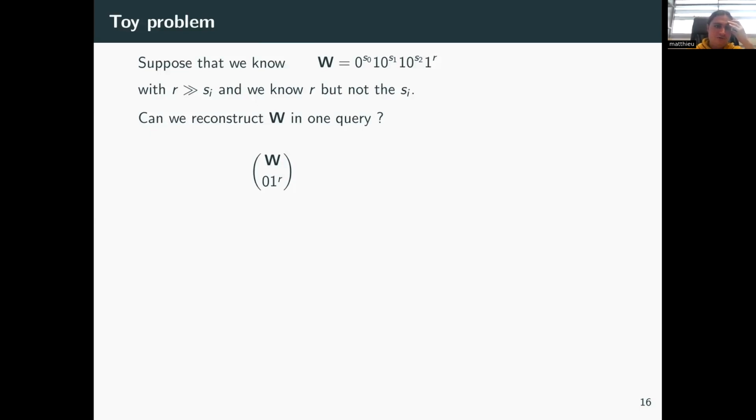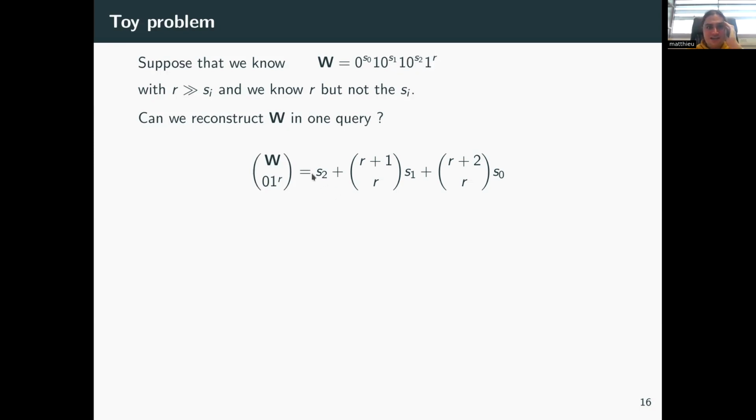Let's see why it works. So first of all, let's write the value of this. What are the possible occurrences of 0, 1 to the R? Well, you have to choose the position for the 0. So suppose the 0 is inside this block. Then I have S2 possibilities for the 0. And all the R occurrences of 1 have to correspond to these R ones.